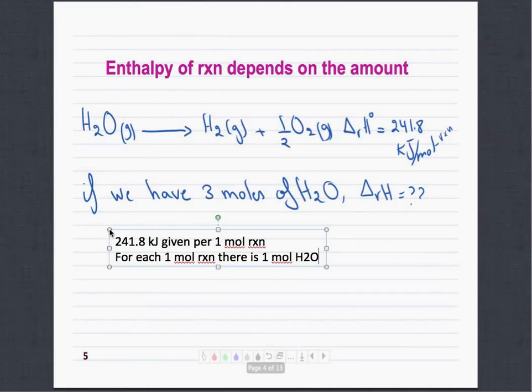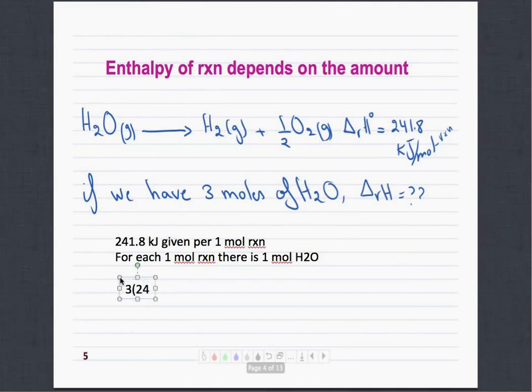So it's 3 times 241.8 kilojoule, and that ends up to 725.4 kilojoule. And I wouldn't put mole reaction for this one. Why? Because now I'm talking about 3 moles.